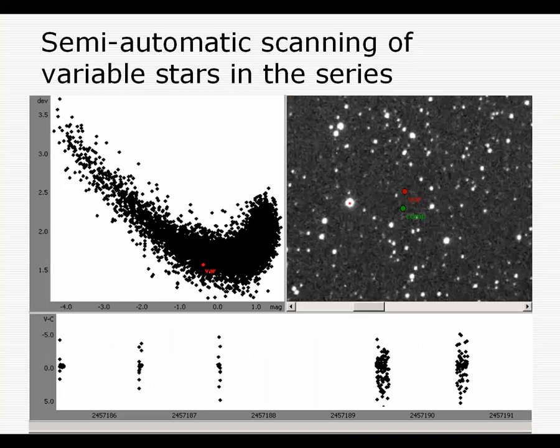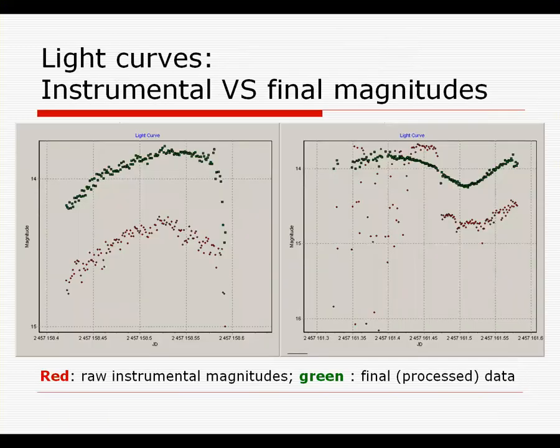One of the reasons why it may happen is the noisy light curve which was used. I mean that for the calculation of the standard deviation, some software uses raw instrumental magnitudes, some software uses the V minus C dependence. You may see on this chart, the red points are the raw instrumental magnitudes, and the green points are the final processed magnitudes.